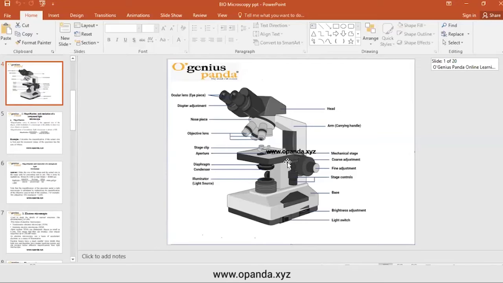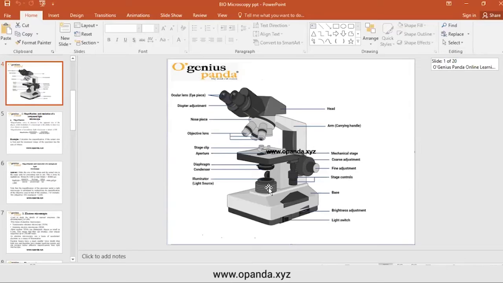The focus adjustment means the stage moves up or down. You can adjust towards the illuminator so that light falls on your specimen, or adjust upward so that light is not too intense on your sample.